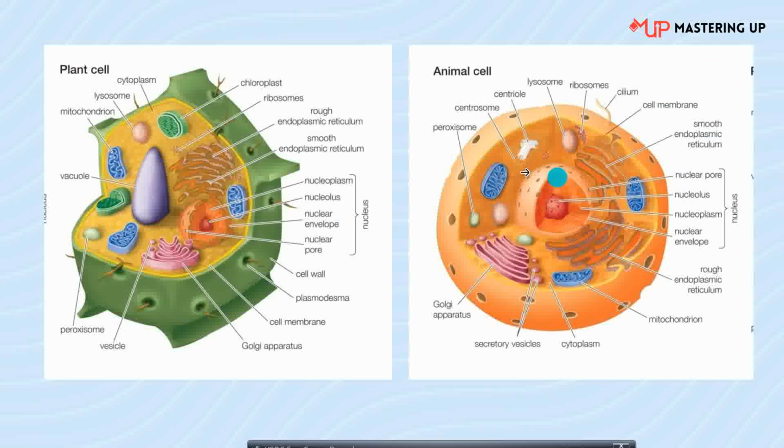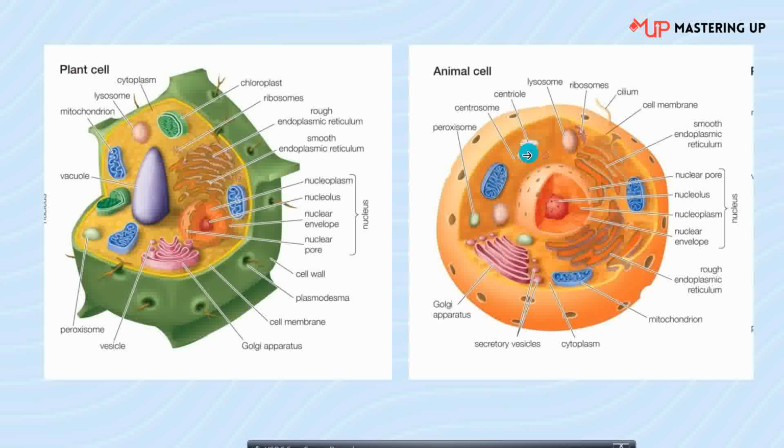Now you can see this is mitochondria. Mitochondria and chloroplast are semi-autonomous structures. This is the vacuole, the nucleus is present here, and smooth endoplasmic reticulum is present. Golgi apparatus is present in both. A number of small vacuoles are present in animal cell, and a single large vacuole is present in plant cell. Centriole is only present in animal cell, not in plant cell.